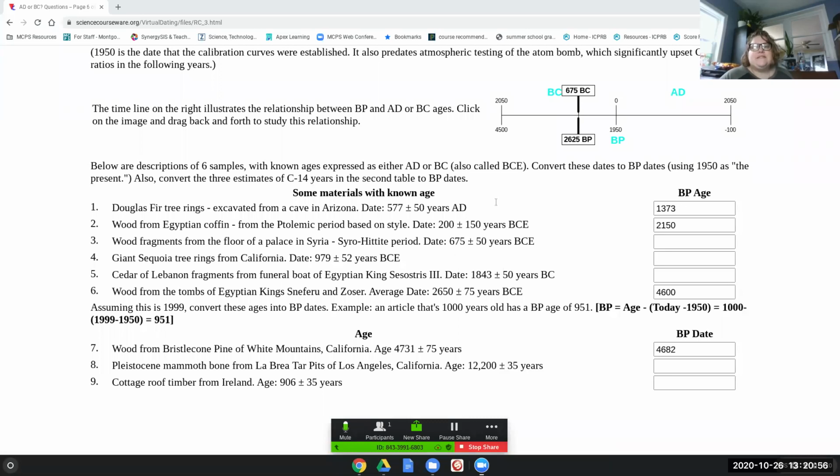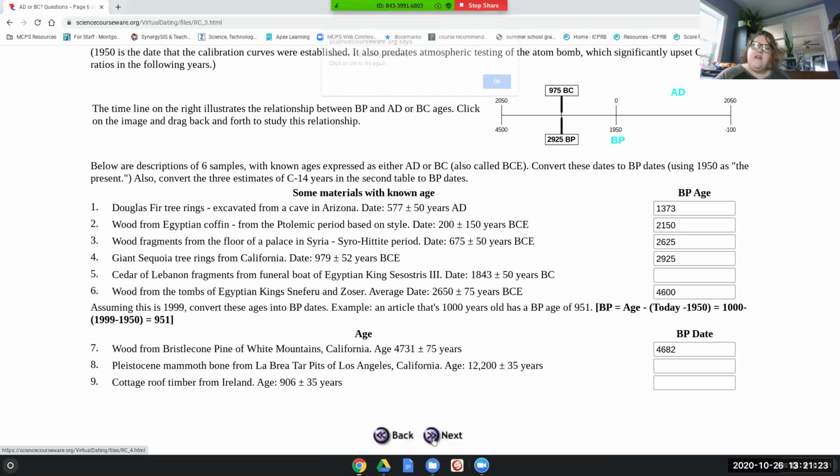So the next one says 675. It gives me it exactly. 979 BCE. So I'm going to just see if it'll take my 2925. And you can always check your answers here by clicking next.